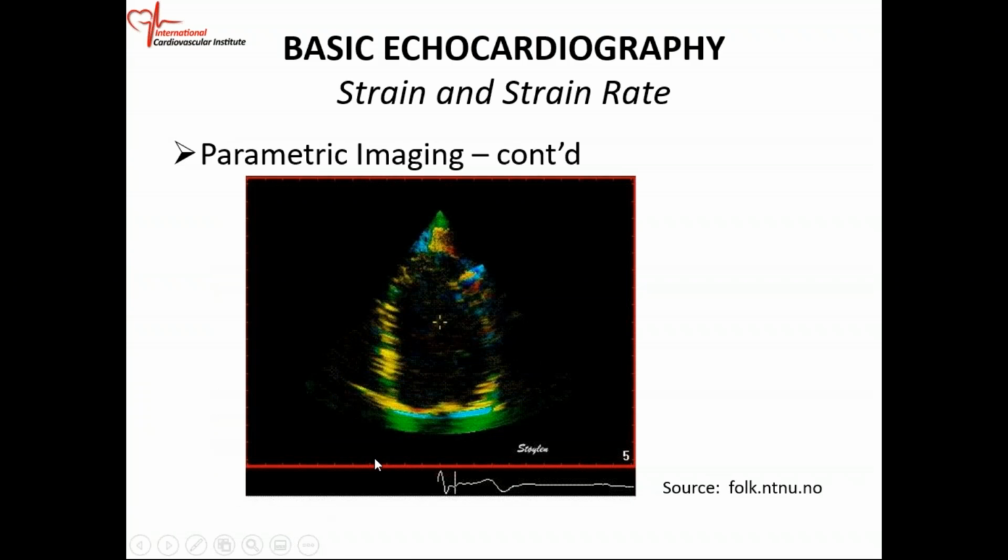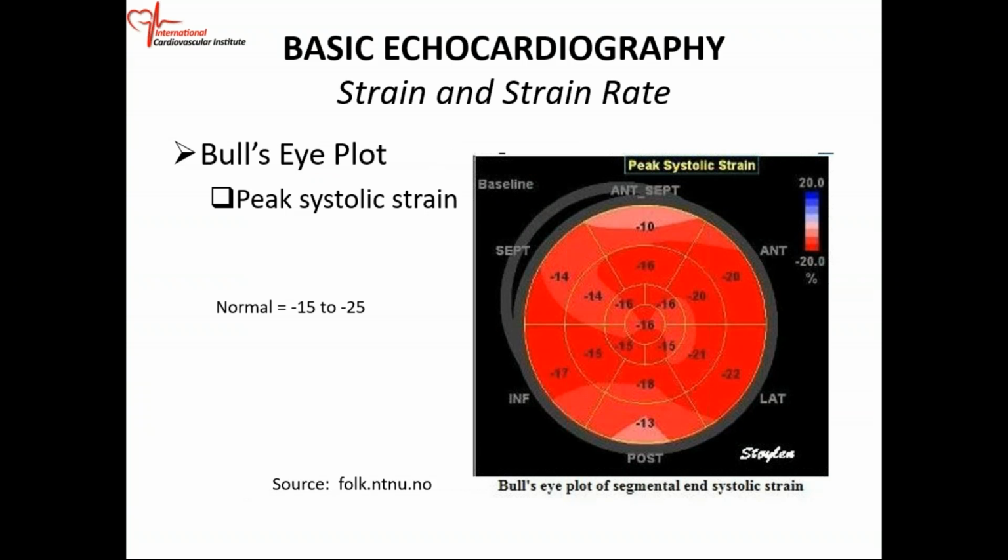Okay, and then we talk about what cyan is, and then yellow. Okay, this is what we're talking about. This is a polar plot, and all of you are familiar with the polar plot, where we put all the segments together.